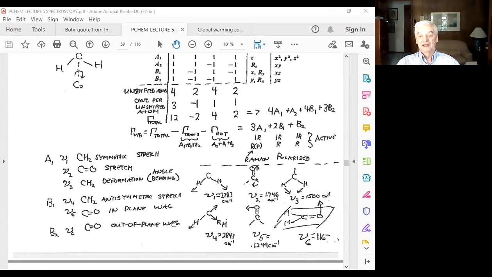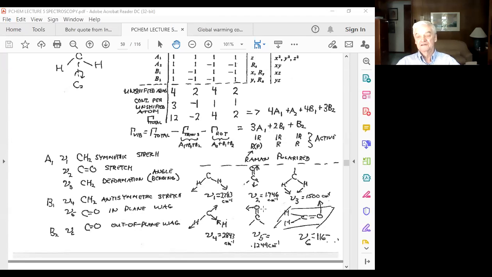I've already mentioned the anti-symmetric stretch for water, but there are 2 additional vibrations that involve bending of angles. So nu5 here is called a carbonyl in-plane wag. And if you picture this and think of formaldehyde being a dog, and this is a dog's tail, you see the tail just wagging back and forth.